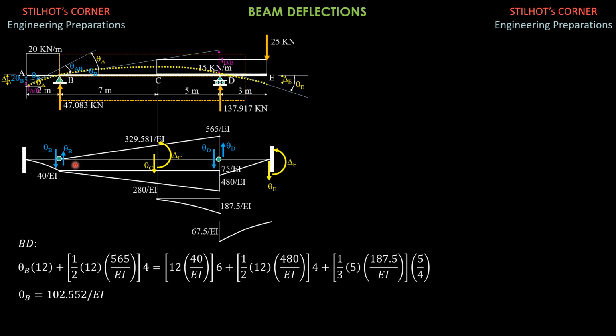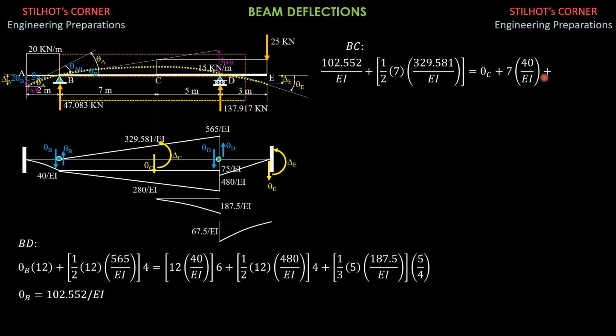Then knowing theta B, let's consider BC. So in BC, summation forces y equals 0. Theta B, 102.552 over EI, plus 1/2 of 7 times 329.581 over EI equals 7 times 40 over EI plus theta C plus 1/2 of 7 times 280 over EI.